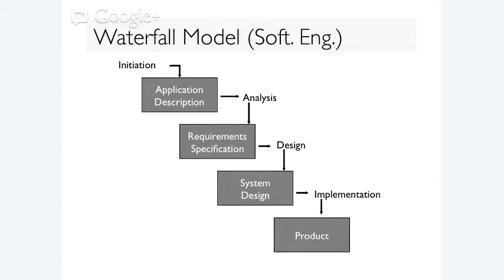Now, a potential problem with this waterfall model is it's very linear. And hopefully, one thing I've communicated to you so far is, why do we do iterative design? Because we get things wrong all the time.